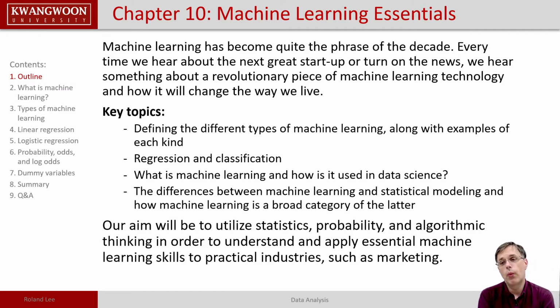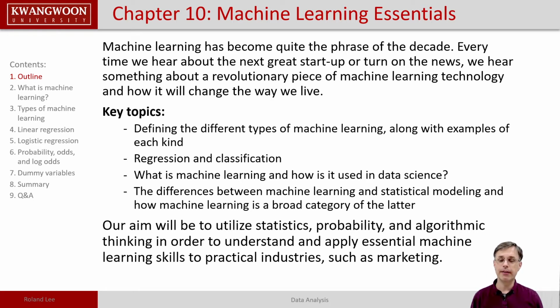Then we will reveal what machine learning is and how it is used in data science, the difference between machine learning and statistical modeling, and how machine learning is a broader category of that statistical modeling.